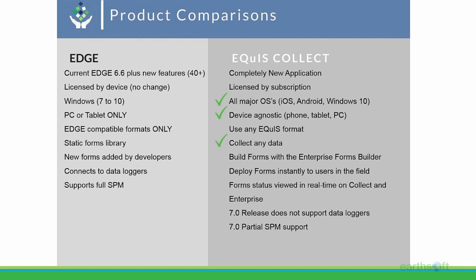And what I mean by fully flexible is when I discuss collecting any data, a good example would be I can go into Enterprise Online, build a form to be used for the Collect application itself. And that form, let's say, can be a grocery shopping list. And I can make a checklist with all the different grocery items I would want.